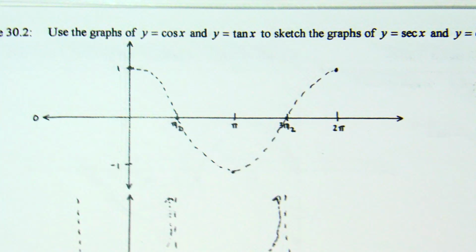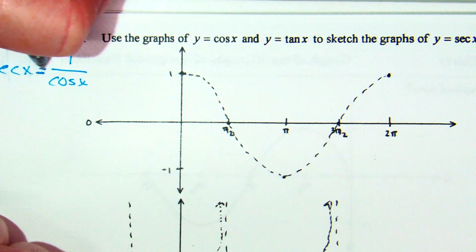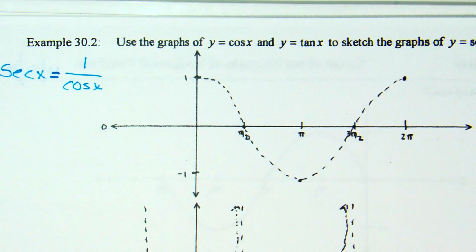What is the relationship between secant and cosine? Yeah. Secant x is equal to 1 over cosine x. So cosine's already sketched in for you. Any place cosine would normally equal 0, that is now an asymptote.